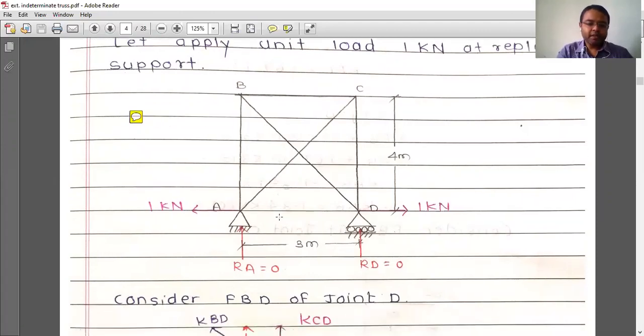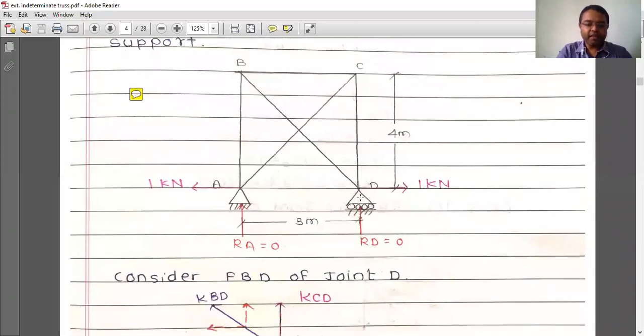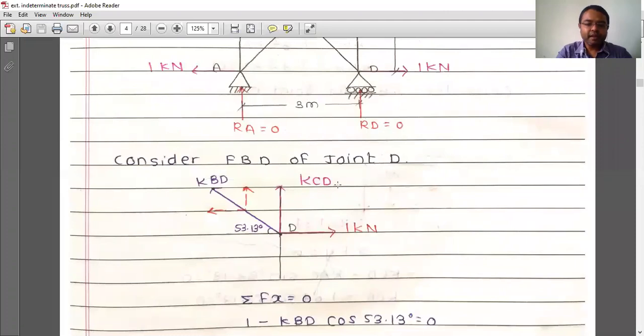So for that, we'll just consider the FBD of joint D. Of course, in this case we have to consider the free body diagram at joint D, because at joint D we have applied a horizontal force, and two members are meeting, that is KBD and KCD.